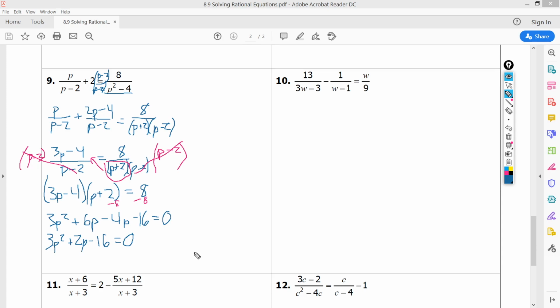And how does that factor? Let's see. Negative 16. Need to multiply to negative 16 and add to positive 2. Oh, I'm tired. Let's see. 3p squared plus 2p minus 16.